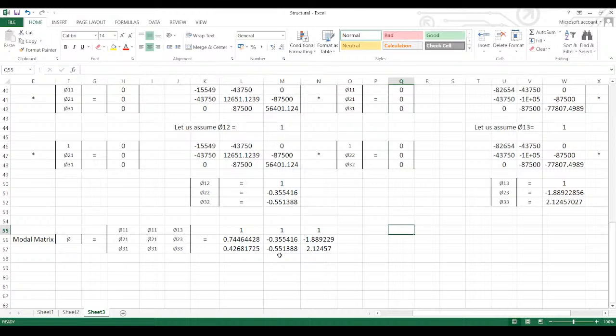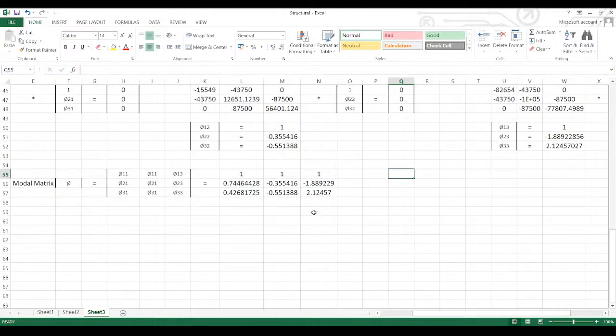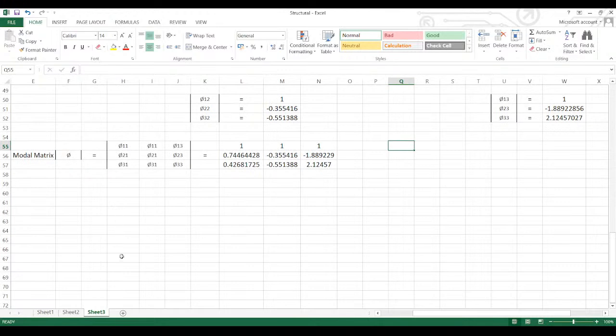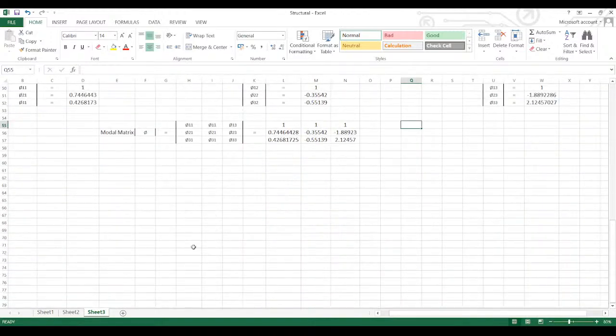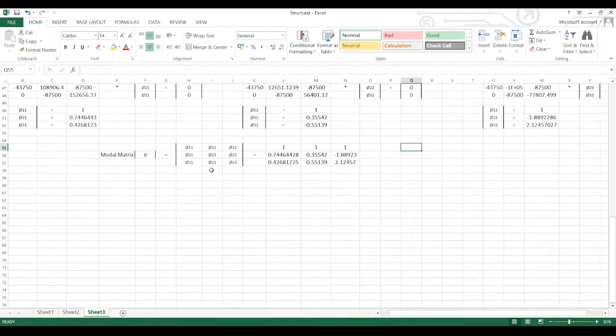We have found the modal matrix, that is 0, 1, 4, 5 and 4 to 6 and this one and this one. Now we have to draw the modal shape. What we are going to solve is that we have to find the modal shape.